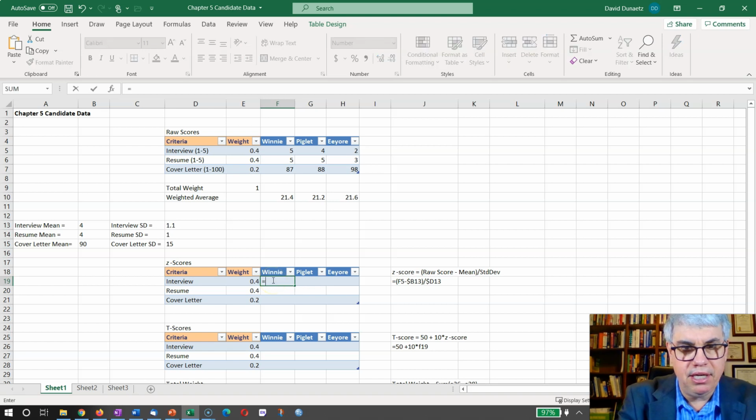So we're going to put in equals and then parentheses on the top. We want to base it on Winnie's score up here. So he has a 5. So this is cell F5. So I'm going to put in F5, and then we're going to subtract from it the interview mean, B13.